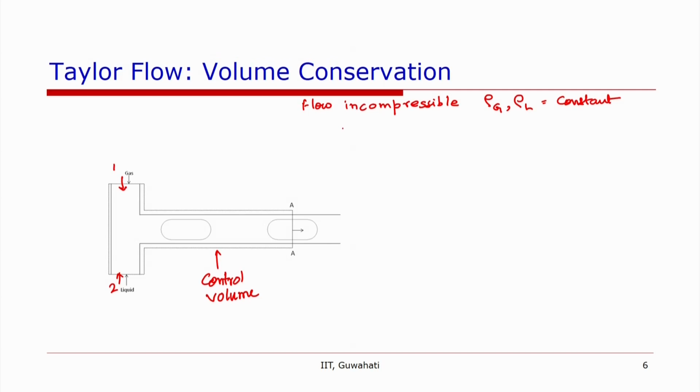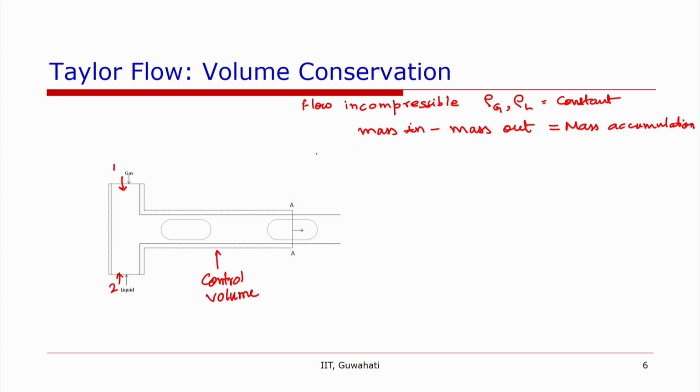Mass conservation, if we apply, then we can write mass in the control volume minus mass out of the control volume, and that will be equal to mass accumulation. We are not considering any reaction here, so no generation or sink term will be there.